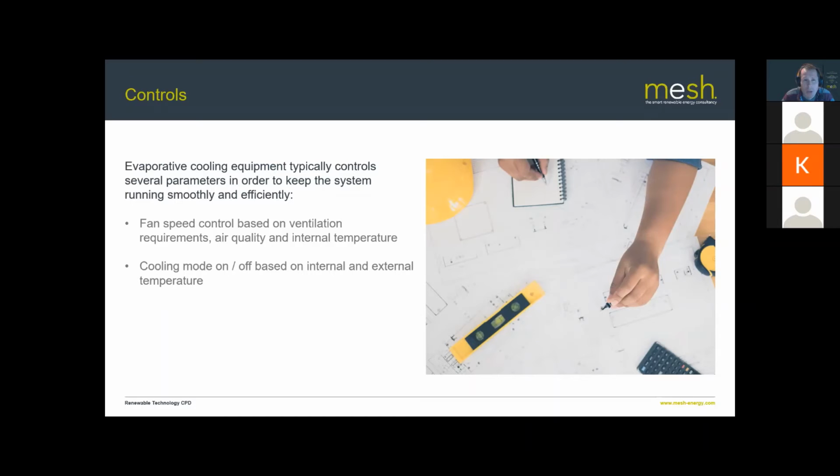I did do a project where we used an evaporative cooler in a dusty environment, which was a metal spray booth.